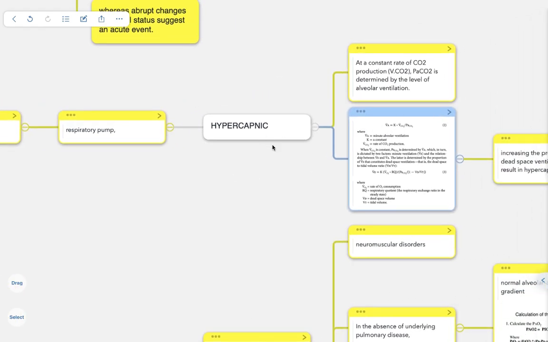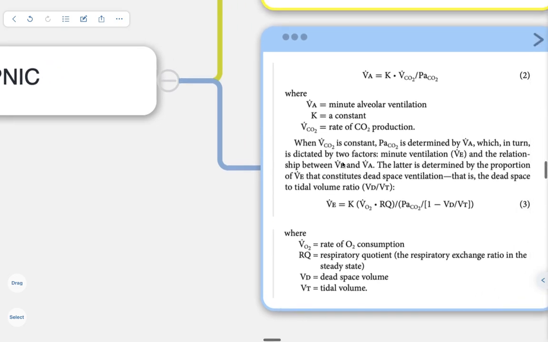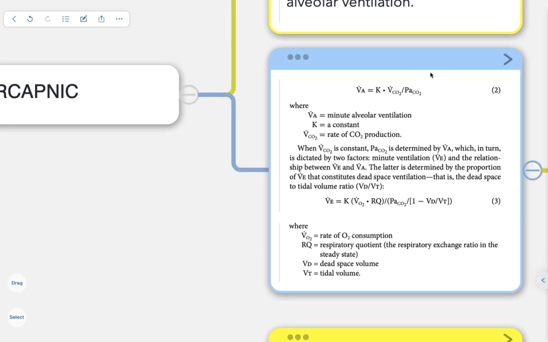Now, how do you calculate the PaCO2? PaCO2 is calculated by this formula: VA, the minute alveolar ventilation, equals a constant multiplied by the rate of CO2 production divided by PaCO2.